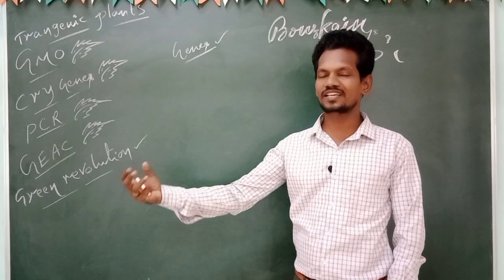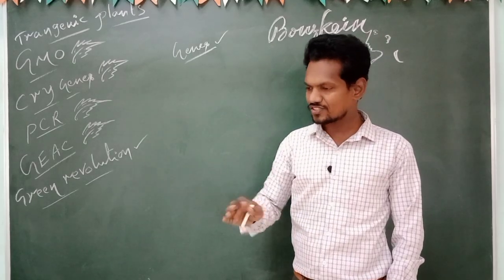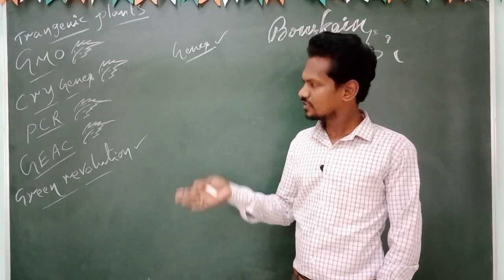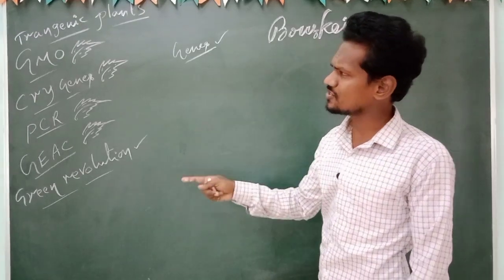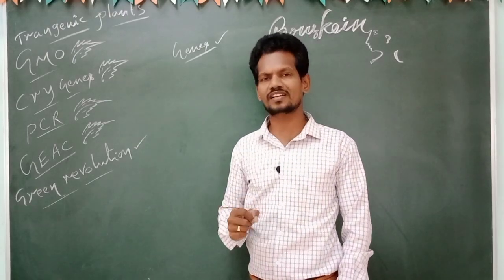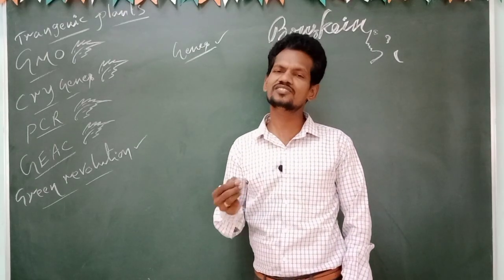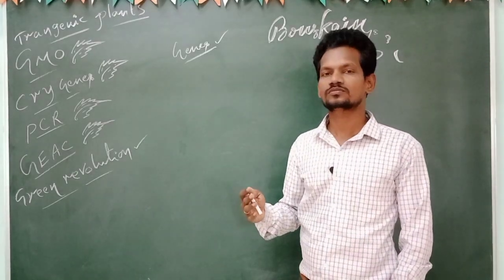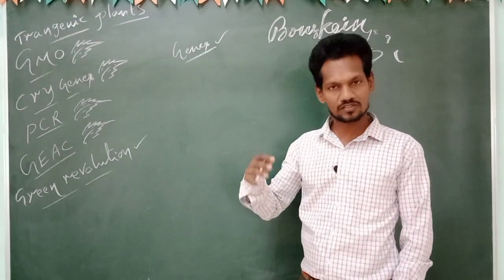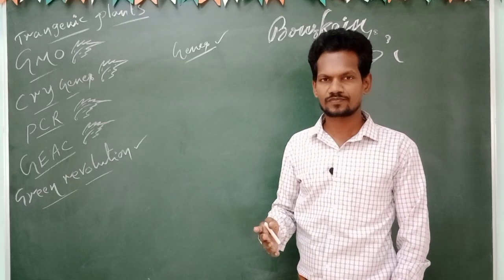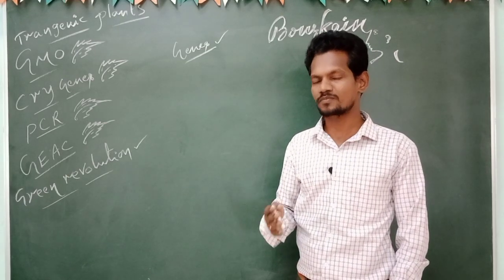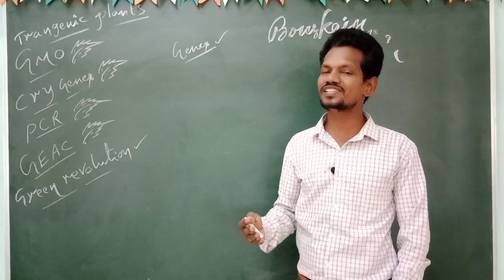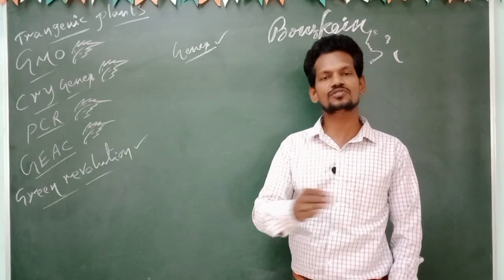In normal hybridization, the genes are transferred naturally, but in transgenic plants, which are genetically modified organisms, more than 2 genes, 10, hundreds or even thousands of genes are transferred artificially, by a man-made process, from one species to another.